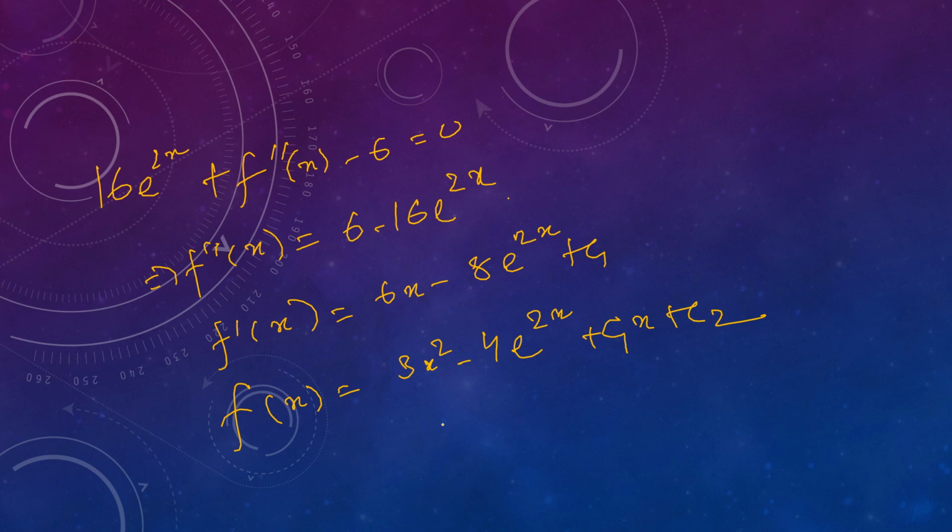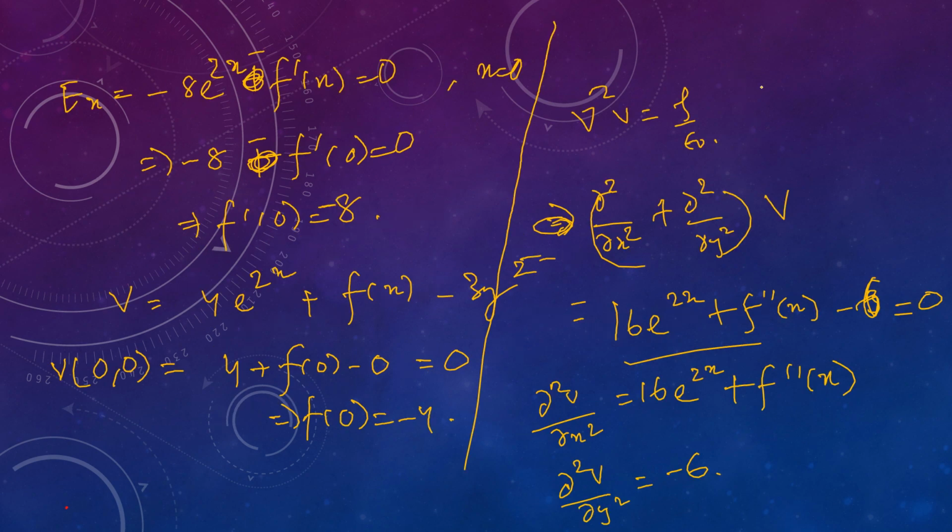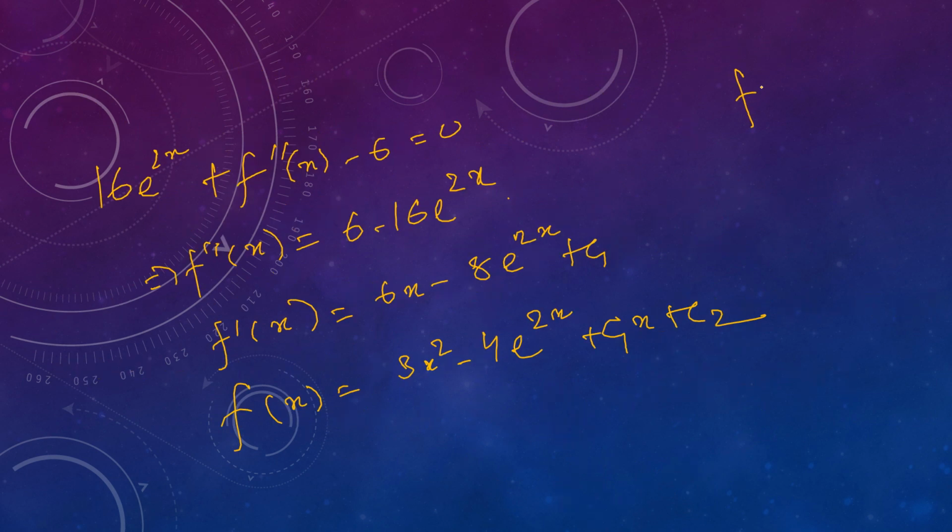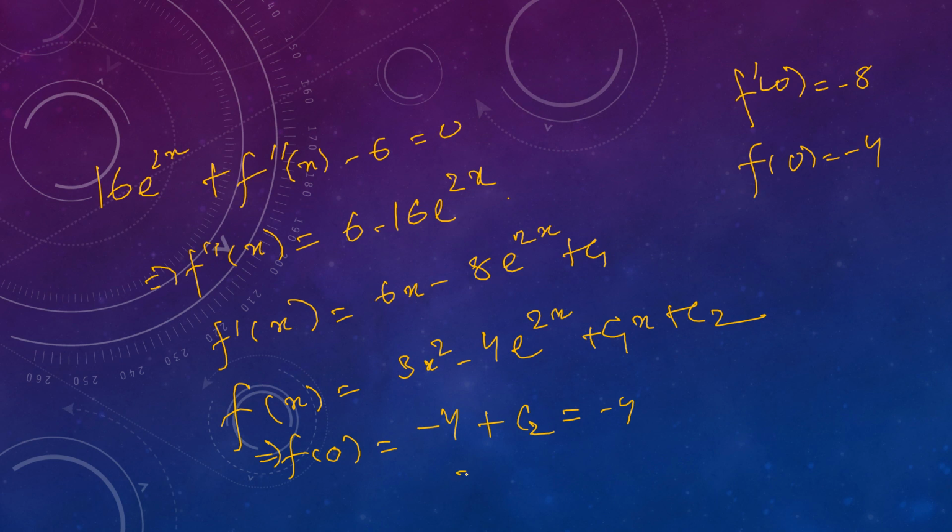And now we had f dash 0 is equal to minus 8 and f0 is equal to minus 4. So let's put it here. 0 is equal to minus 4 plus c2, so c2 is equal to 0.